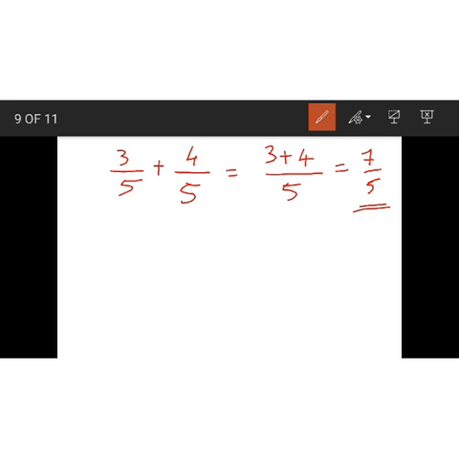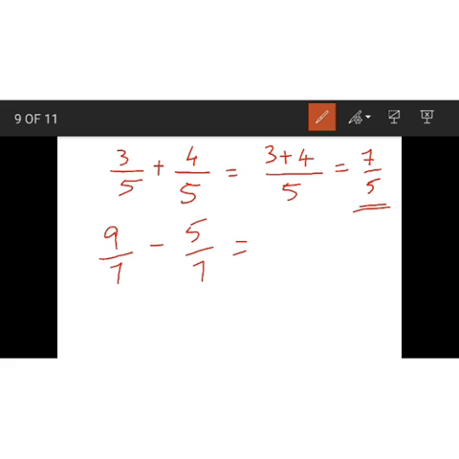Let us now check the case of subtraction. Consider the fractions 9 by 7 and 5 by 7. If we are subtracting these two, how will we do it? Here also, you have to check whether the denominators are the same. If the denominators are the same, then you can subtract the numerators.